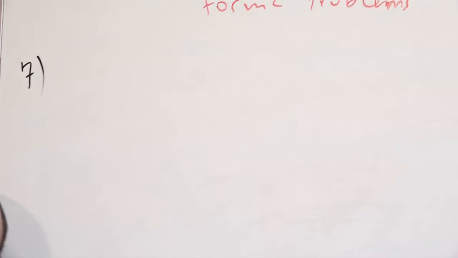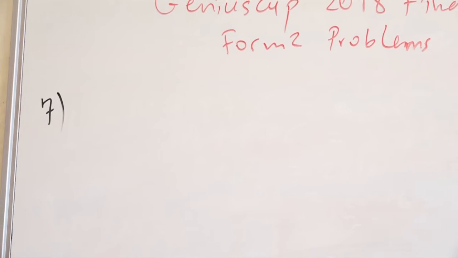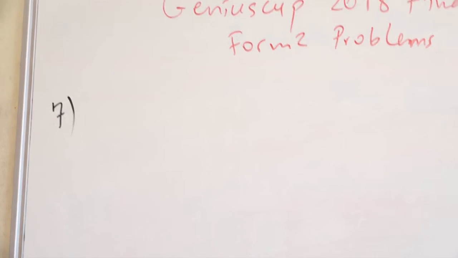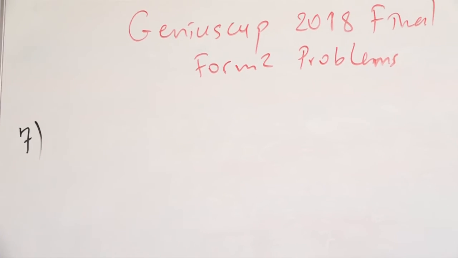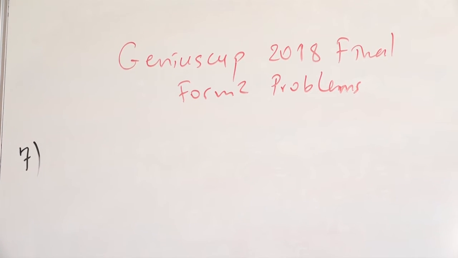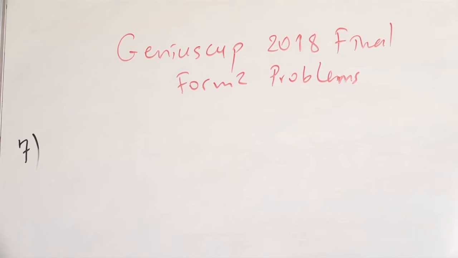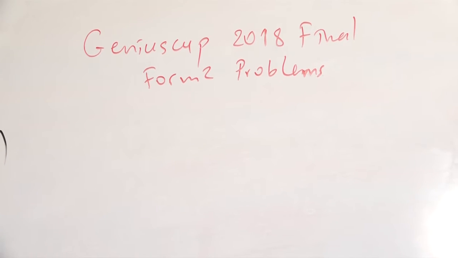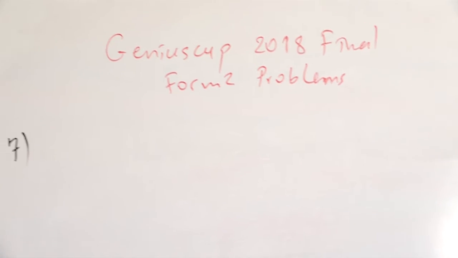In question 7, there are two people doing a certain job. When you solve that kind of problem, we have to find units. I mean, in 1 hour, how much of the work should be done? In 1 day, how much of the work or other things should be completed?